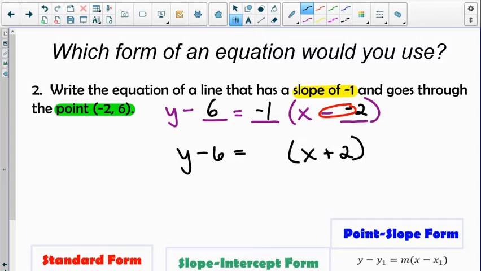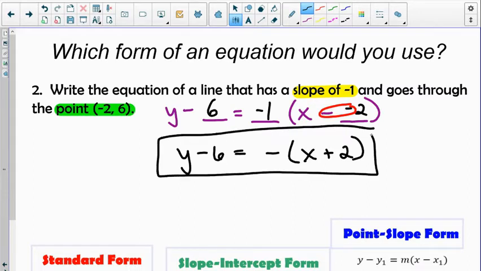It's just going to make it its opposite. 5 times -1 is -5. 12 times -1 is -12. X times -1 is -x. So in this case, we're just going to put the negative sign in front of the parentheses to represent that slope of -1. And there's our equation in point-slope form.